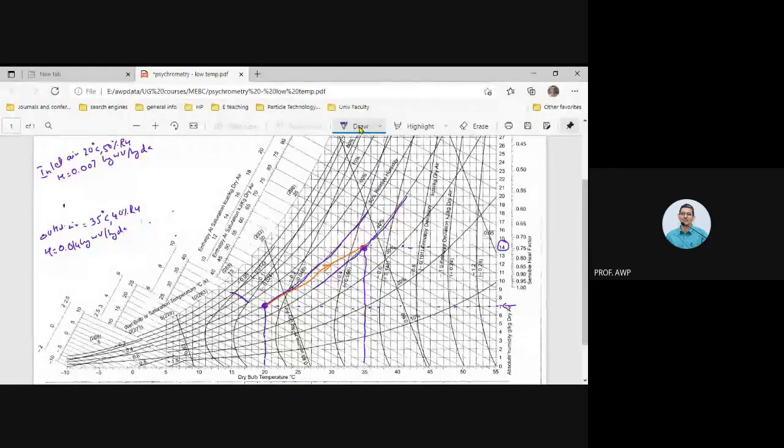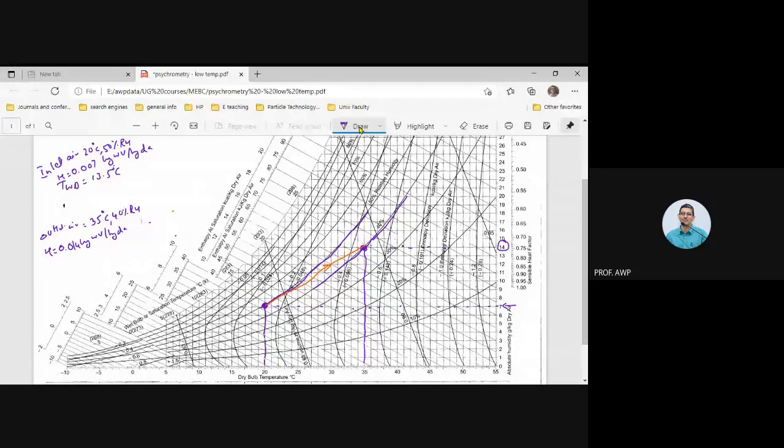This line would be having a wet bulb temperature of, let's say, 13. This would be having the wet bulb temperature of 14, right? So maybe the wet bulb temperature is something like 13.5 degrees centigrade, right?